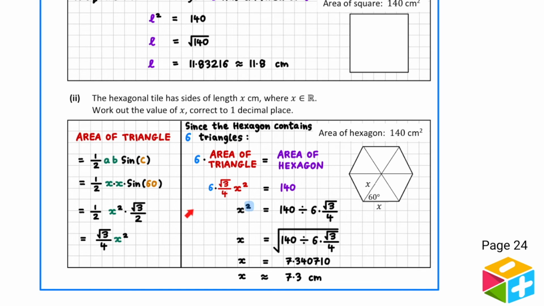We do this by taking the square root of both sides. We can use our calculator to compute the expression on the right-hand side. It comes out as 7.340710. We were told to round our answer to 1 decimal place, so the final answer here is that x is equal to 7.3 centimetres.